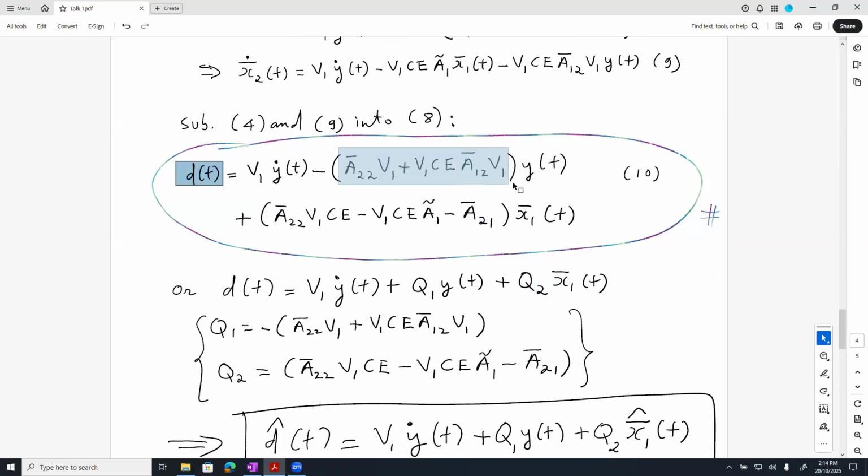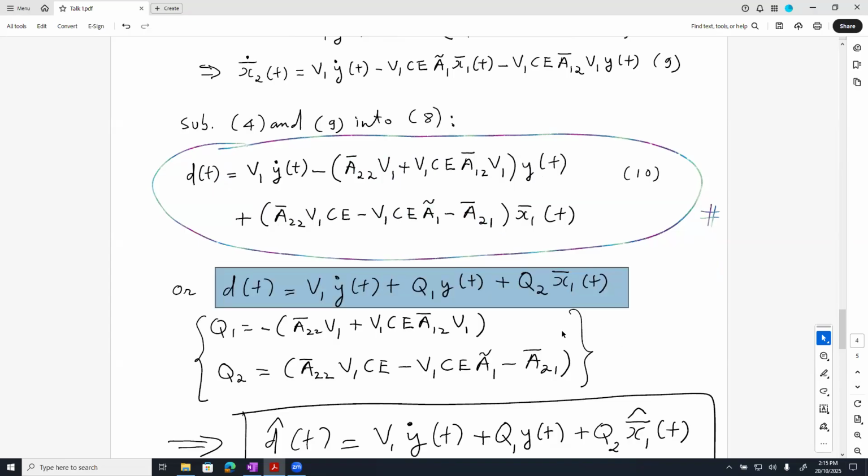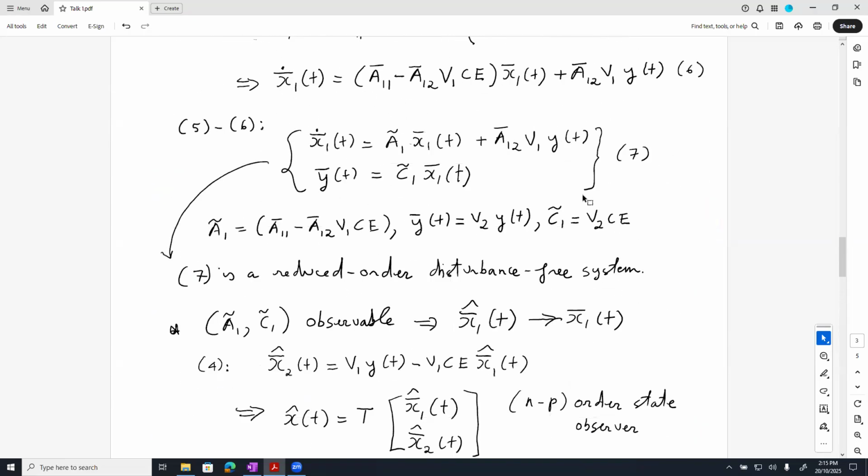This term here is also a row, we call it Q1. So in summary, we obtain the unknown input expressed in terms of the output measurement. It's a first derivative of the output measurement, and it's also linked to the stack vector of the reduced order disturbance-free system.